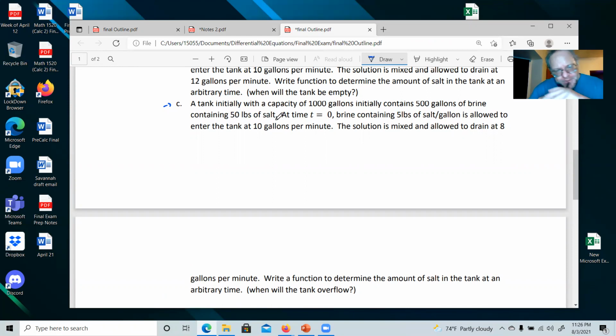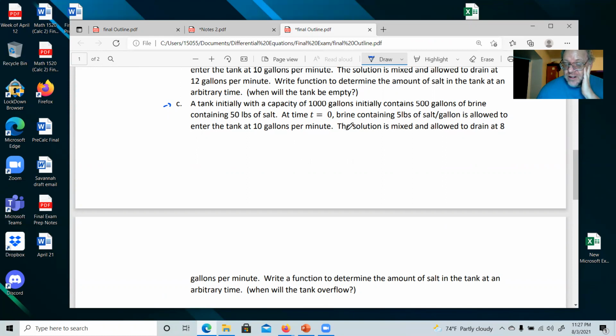Okay. A tank with initial capacity of 1,000 gallons initially contains 500 gallons of brine containing 50 pounds of salt at time t equals 0. Brine containing 5 pounds of salt per gallon is allowed to enter the tank at 10 gallons a minute. The solution is mixed and is allowed to drain at 8 gallons a minute. So it's coming in at 10, only leaving at 8.